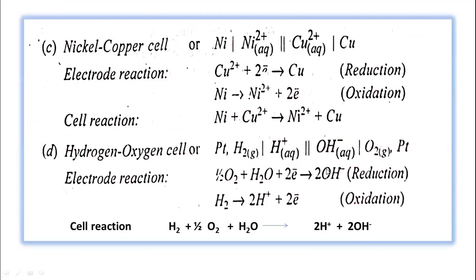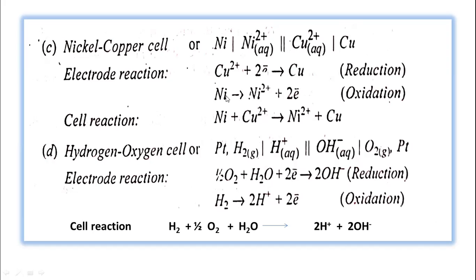Now consider the third cell here, the nickel copper cell. Nickel in contact with nickel dipositive ion and copper in contact with copper dipositive ion. On the right hand side, reduction takes place: copper 2 plus ion plus 2 electrons gives copper metal. On the left hand side, oxidation takes place: nickel gives nickel 2 plus ion plus 2 electrons. In the total cell reaction, the electrons get cancelled.